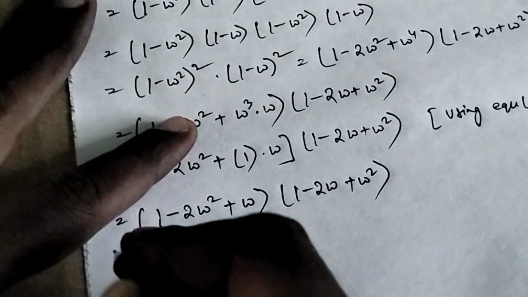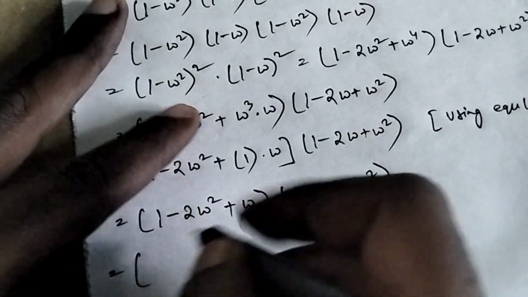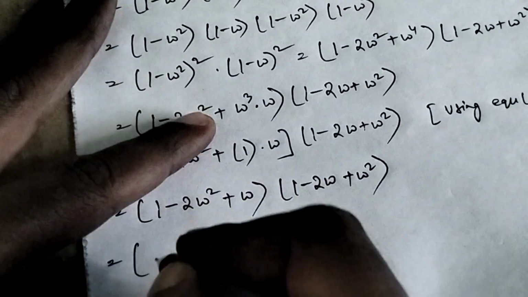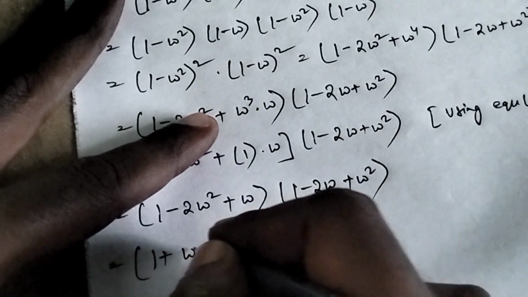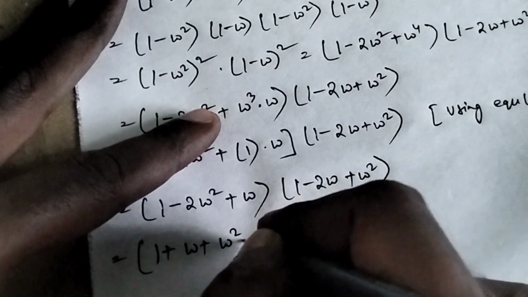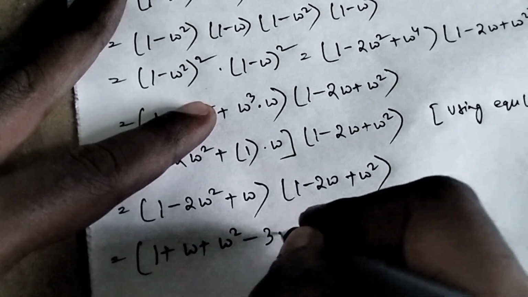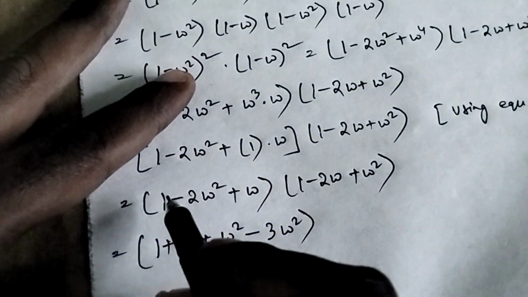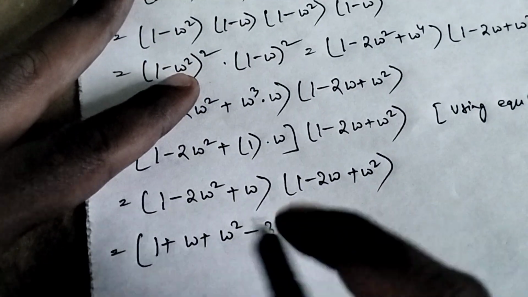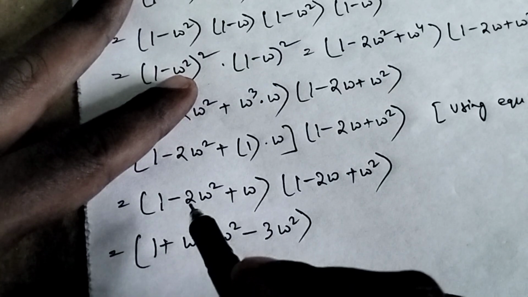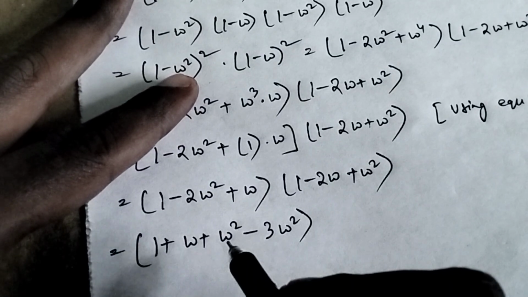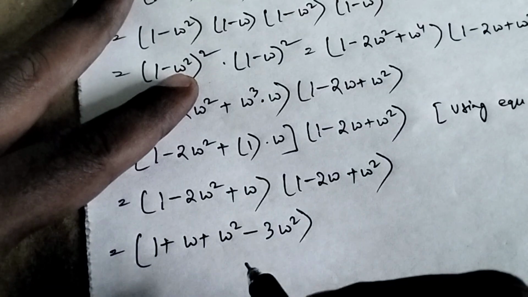This expression can be written as 1 plus omega minus 3 omega square. See, 1 plus omega is already there, so 1 plus omega. Minus 2 omega square can be written as omega square minus 3 omega square.